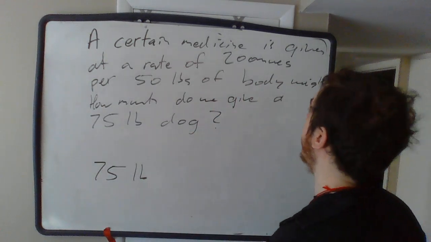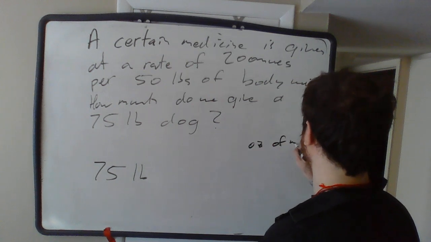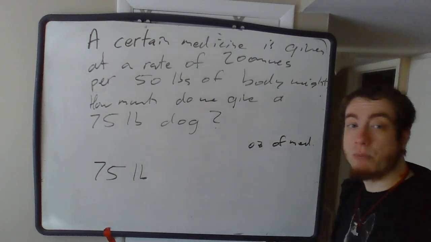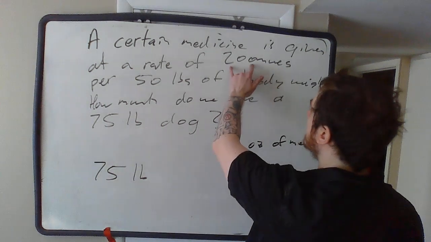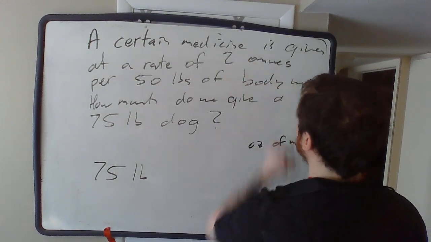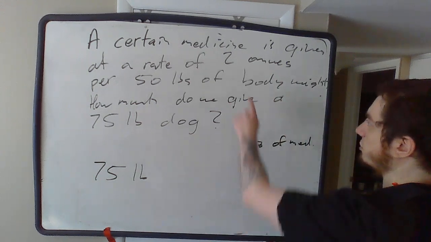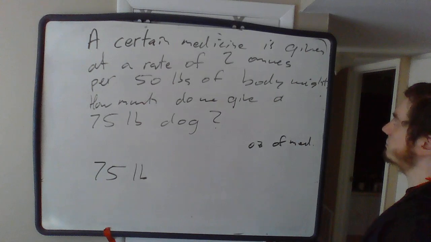And what we want to end up with is ounces of medicine. That's what we ultimately want. So you can think of this as 2 ounces of medicine. I'm sorry about that, it's supposed to be 2 ounces per 50 pounds.